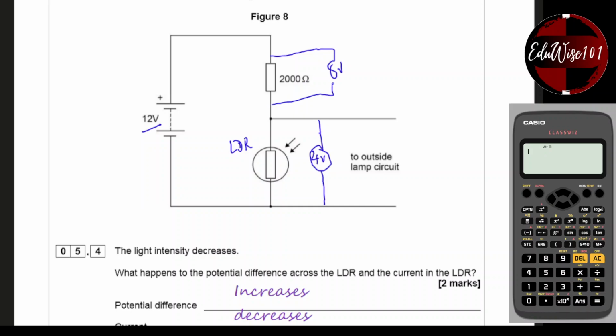Now, the potential difference splits in the same ratio as the resistance as well. So this is 1/3 of the power supply, and that's 2/3. Now, if 2/3 is 2000, 1/3 is going to be just 1000 ohms.